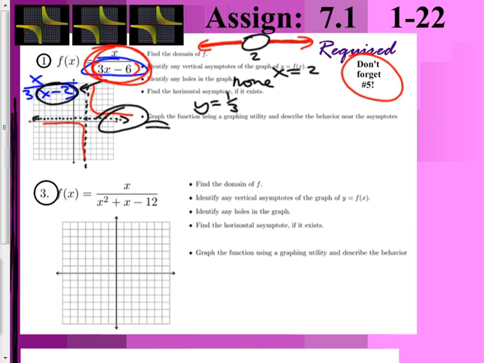Okay, Mr. B, or Mr. O actually, would you please tell me how to start number 3? Okay, there you go. Bring up my favorite saying. And you can factor it, and so you probably should. So what do you get?